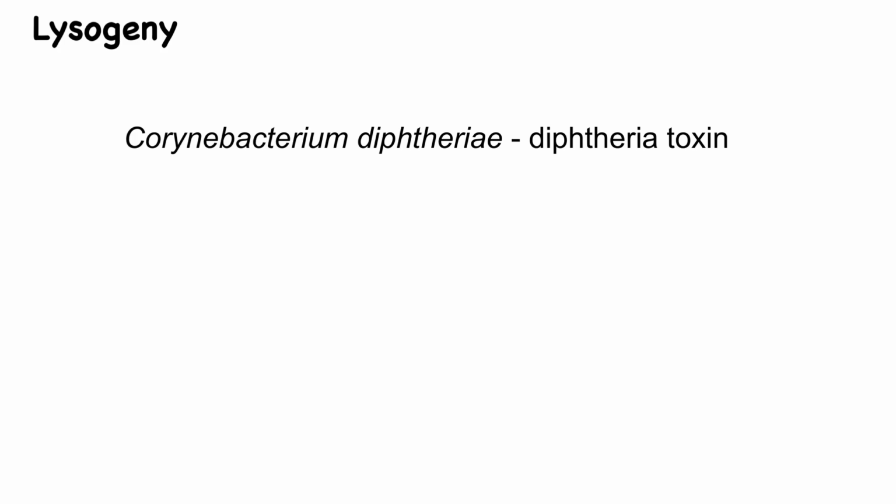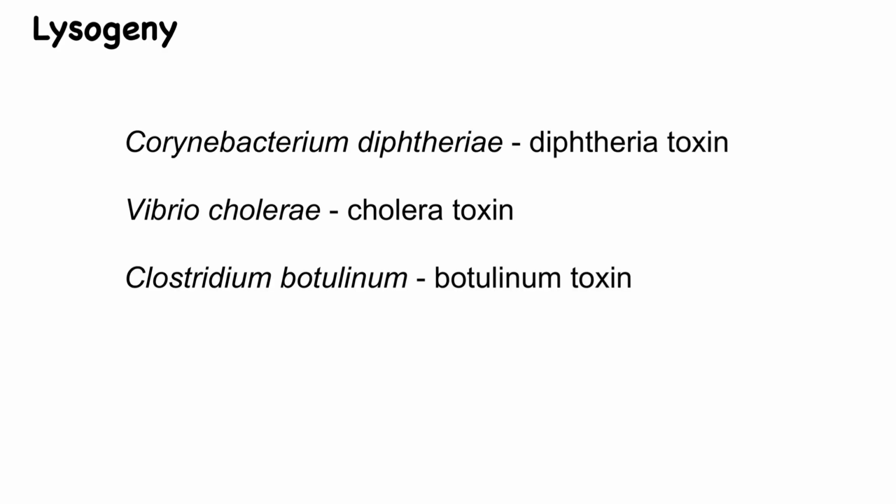For example, Corynebacterium diphtheriae produces diphtheria toxin, Vibrio cholerae produces cholera toxin, and Clostridium botulinum produces botulinum toxin, but only when these bacteria carry their specific prophages. Without the phage, these bacteria are far less harmful.